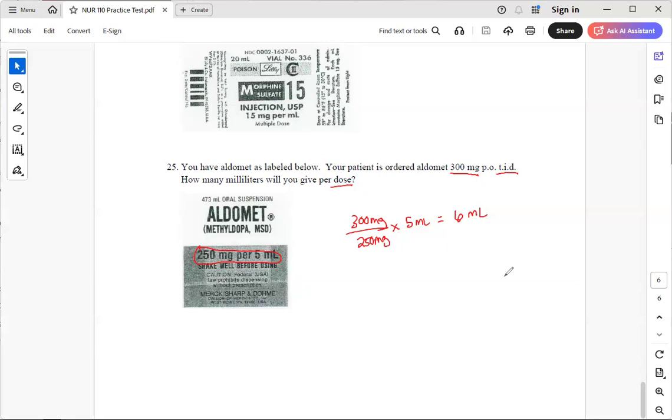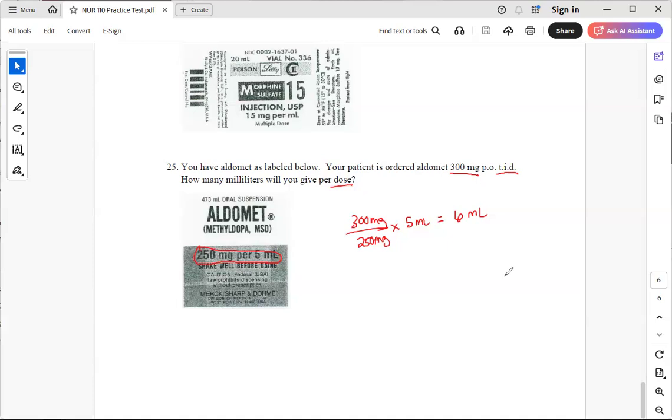The reason that formula is sticky, order over available, is because it doesn't matter what the order is and doesn't matter what the available is. It just matters that you know how to organize it. Just don't forget your quantity, whether that's one tablet, 5 mL, 15 mL, 20 mL, whatever it happens to be. Make sure you're paying attention to the quantity.